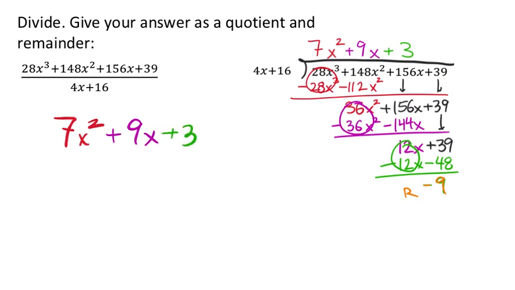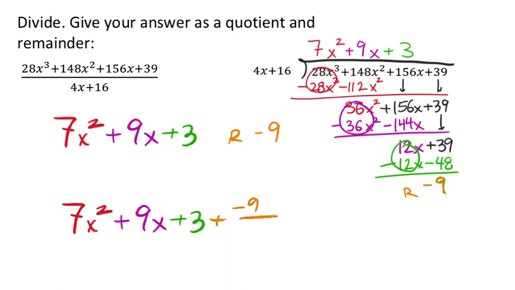But then we had a remainder of negative 9. And again, I'll show this both ways, because it may ask for either one. But then you'd add, well, I guess you could say plus negative 9, I suppose. That'd be over whatever your divisor was in the beginning, 4x plus 16. Either one of these work.